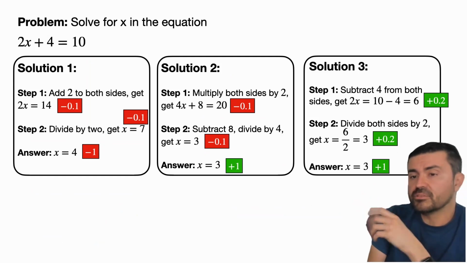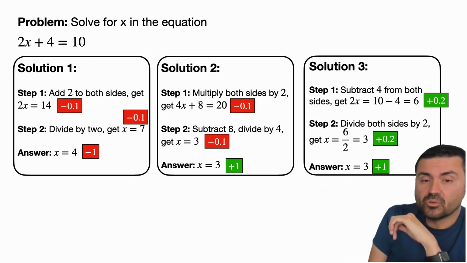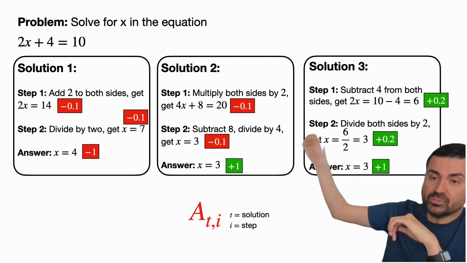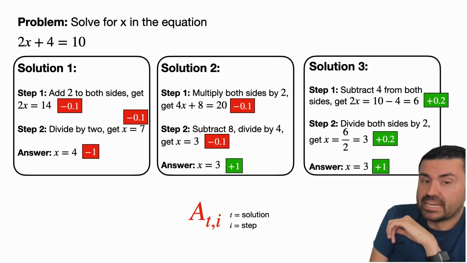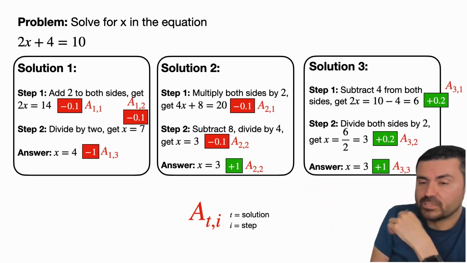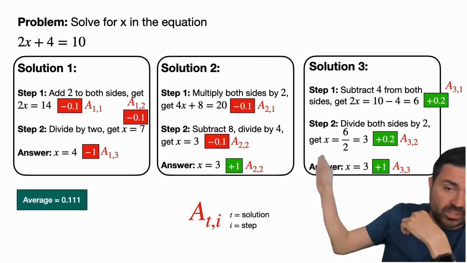So let's get back. Now we're going to normalize these green and red scores. These scores are called A_TI, where T is the solution, 1, 2, 3, and I is the step. So step 1, step 2, step 3 for the answer. This is how they're called, A11, A12, etc. When we take the average, it's 0.111, the average of all the numbers here.